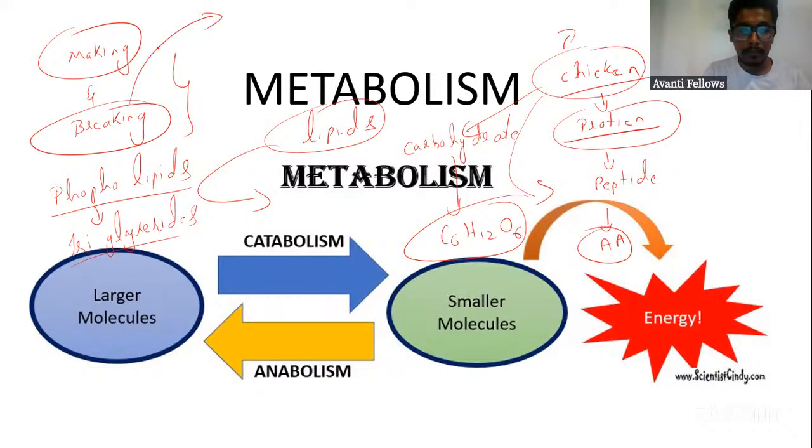Breaking it. When I take a plant and eat, I chew. So that is breaking. If I take an animal and I eat, the first process I do is breaking. So breaking becomes the first process in heterotrophs, and making becomes the first process in autotrophs. So making in plants, breaking in animals becomes their first process.